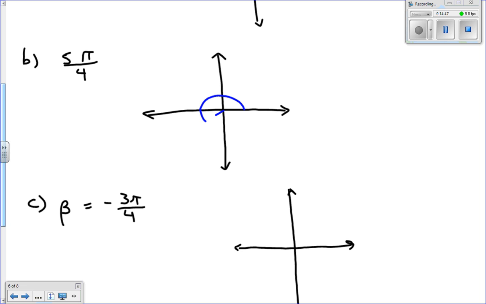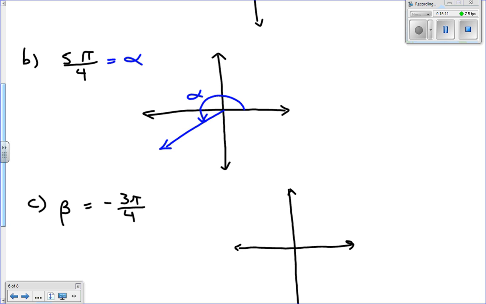Okay, so it's exactly halfway between the negative x and the negative y rotation there. And we'll call that angle alpha, and we're showing it as a positive angle by putting an arrow on that rotation.